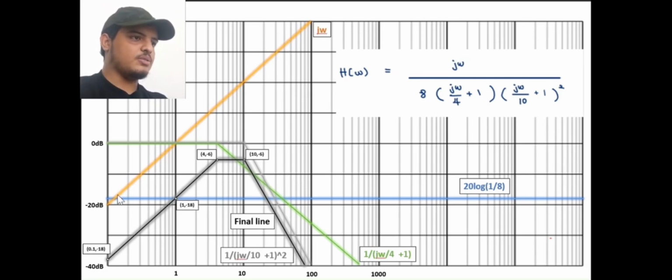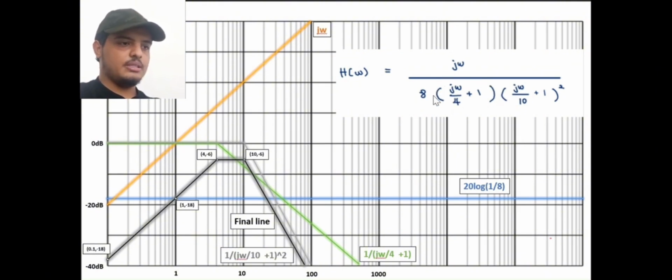Because we don't have any plus or anything, we start from negative 20 going up, because jω is in the numerator. We use plus 20 dB as our height and 1 decade as our width. We do this more than once to get the longest line that we can draw in the graph.